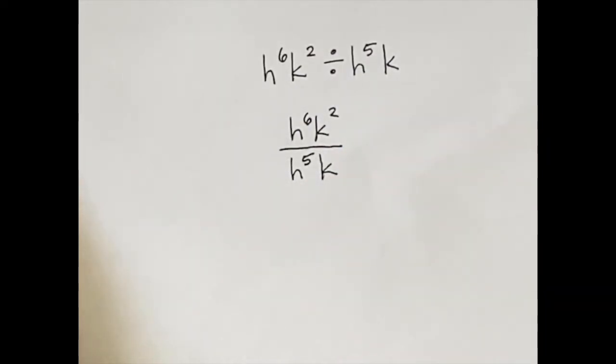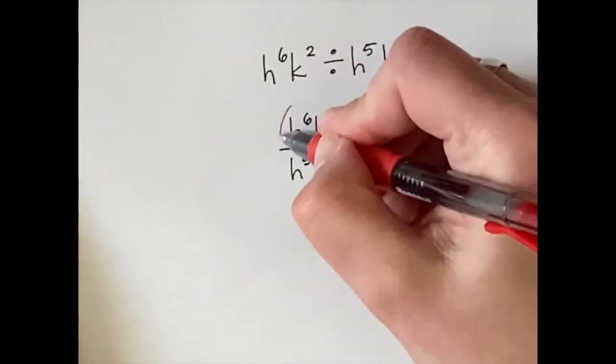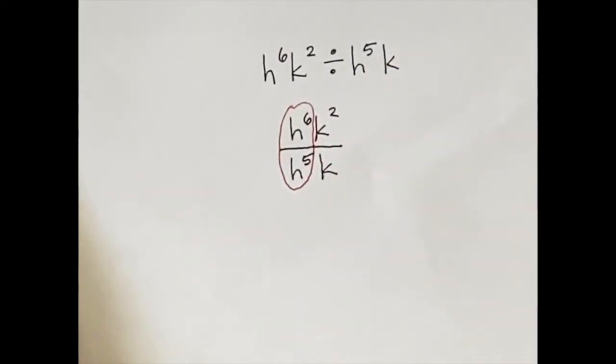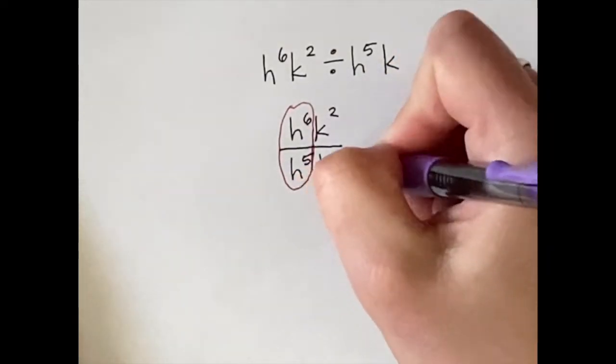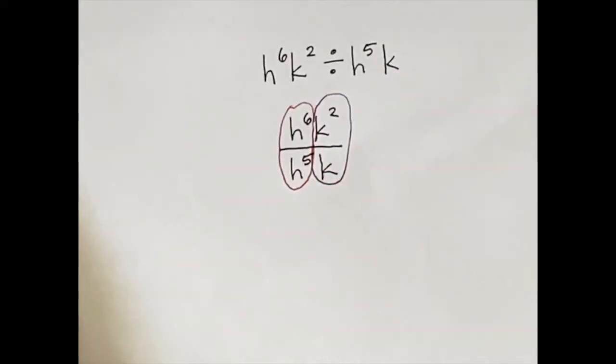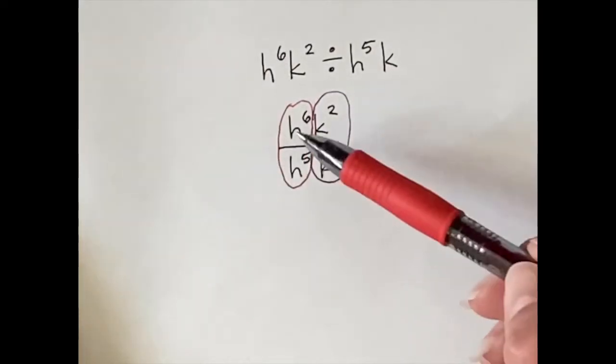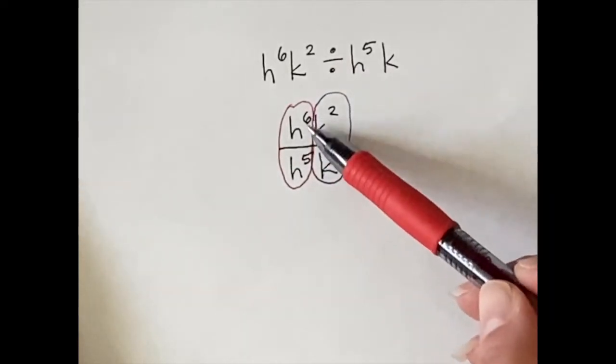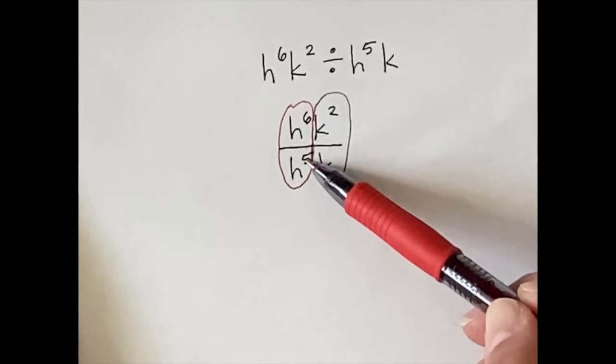do with my bases. So if you line it up like this, you'll notice I've got bases of h right here, and I also have bases of k right here. The quotient of powers property says if you have like bases that are being divided, all you have to do is subtract the exponent.